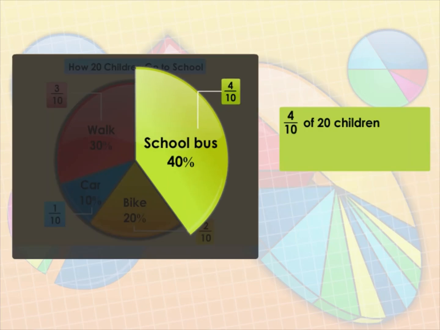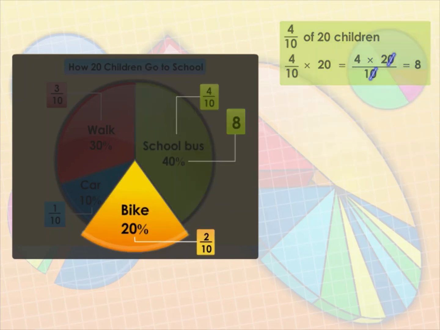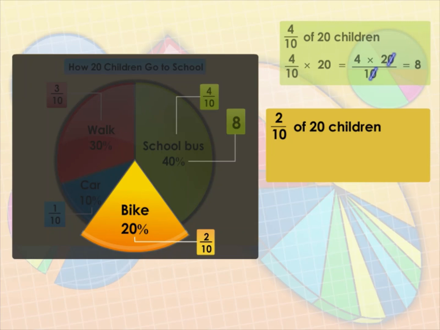4 tenths of 20 children equal to 8 children. So, the number of children who go to school by school bus is 8. 2 tenths of 20 children equal to 4.